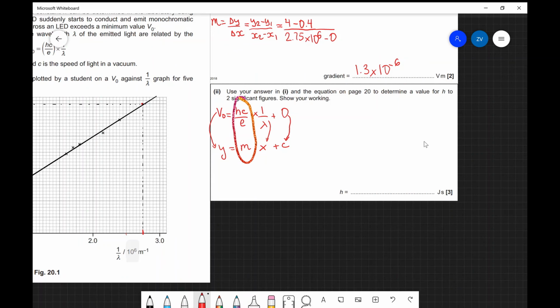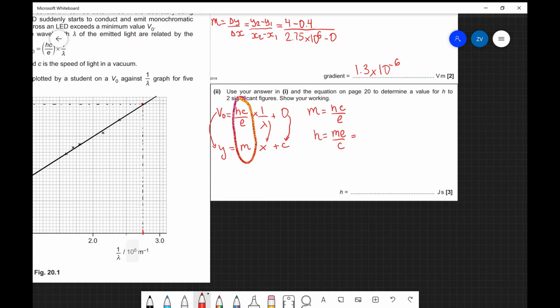So our gradient m is equal to hc over e. Now in this case we're looking for a value for h, Planck's constant, so what I'm going to do is just rearrange for h. So h is going to equal me divided by c.